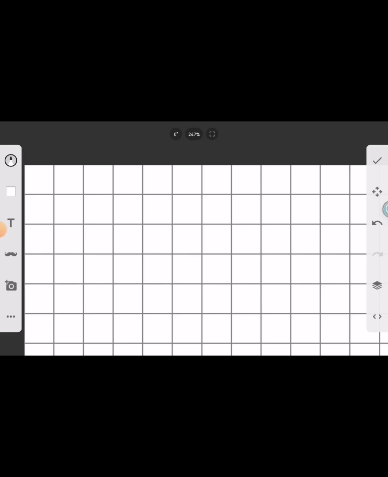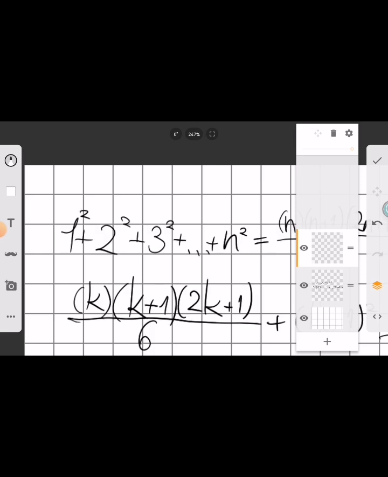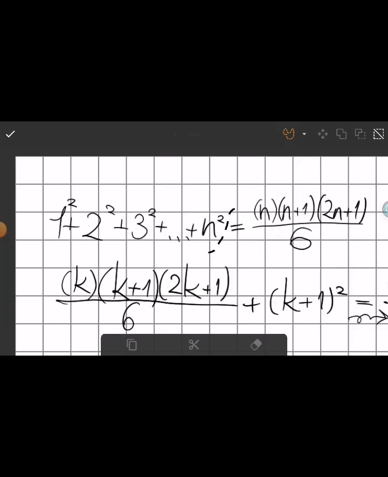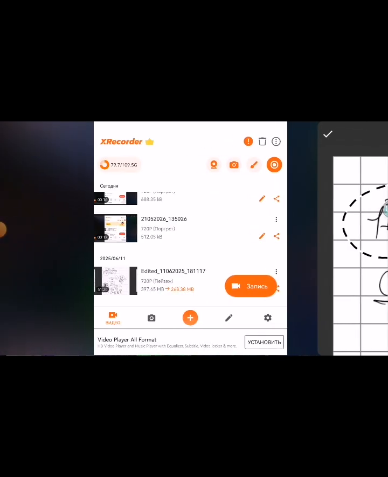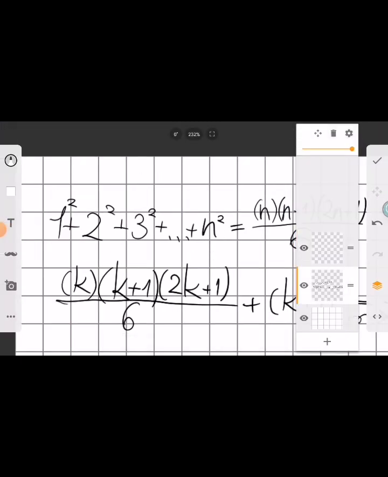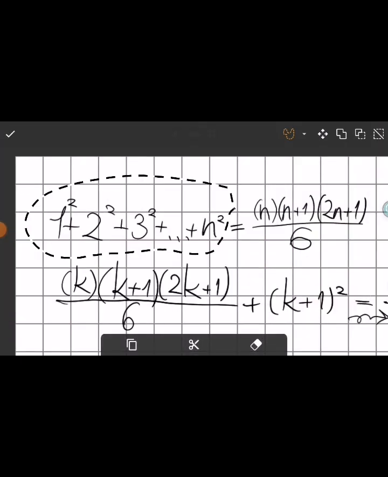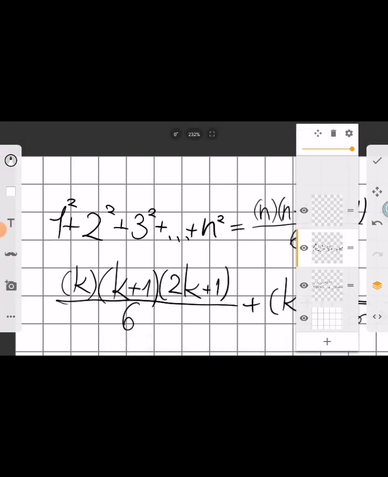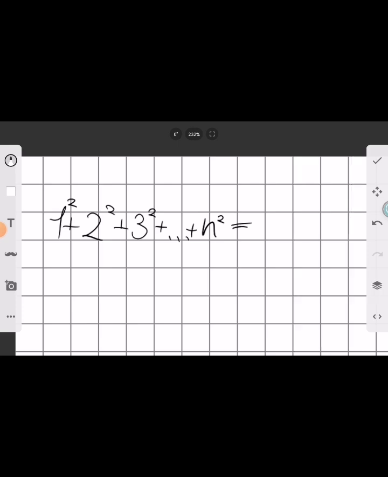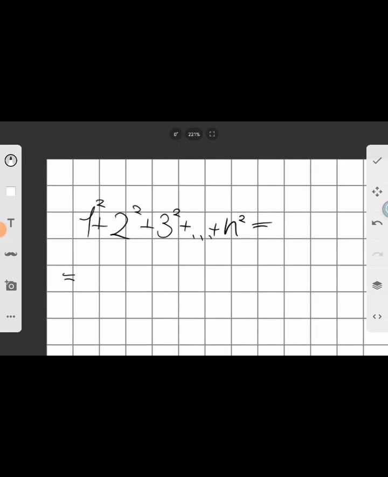Let's first reimagine our series, our sum of the squares, as something a little bit other. Let's recall what a square is.